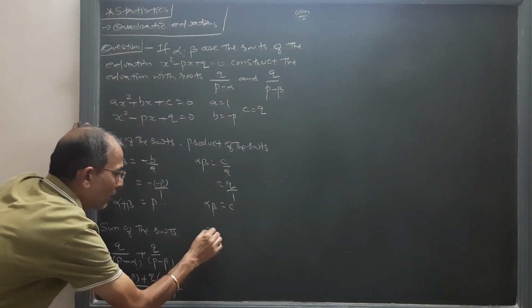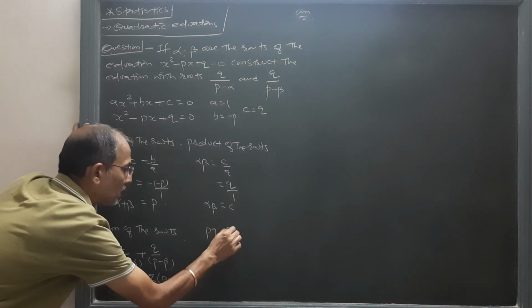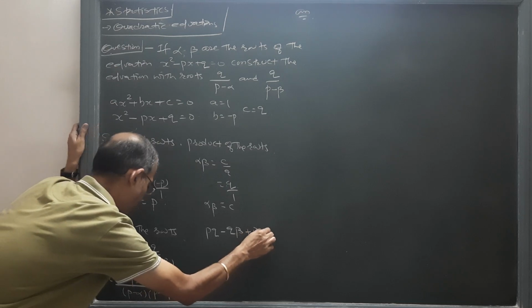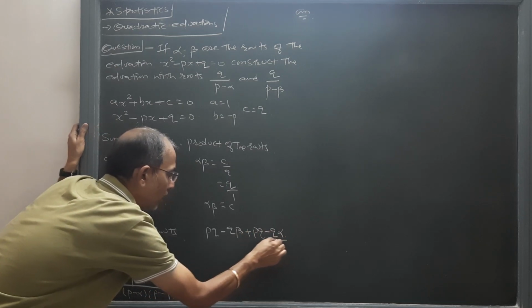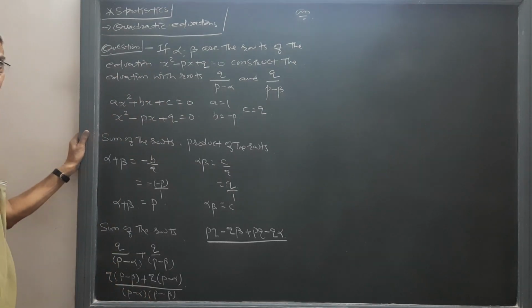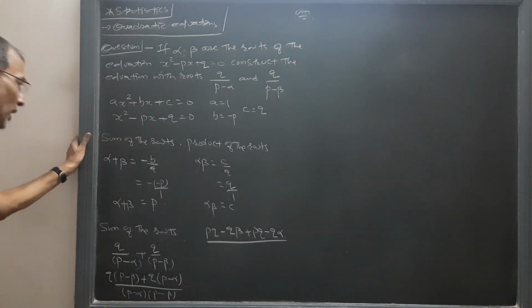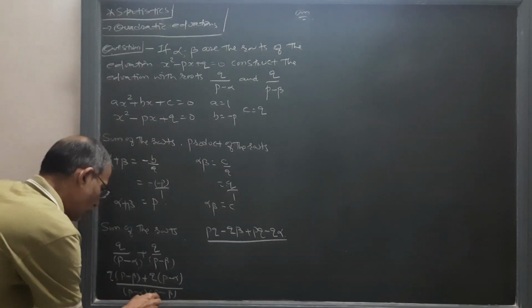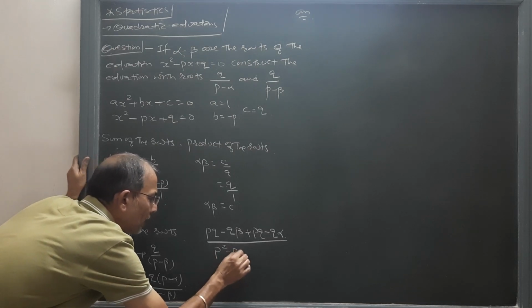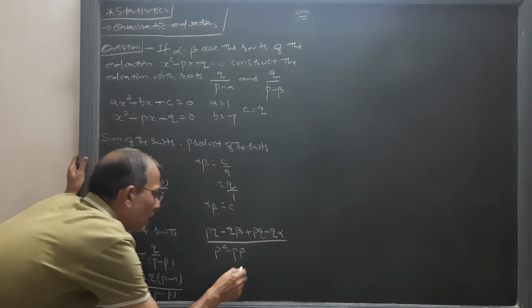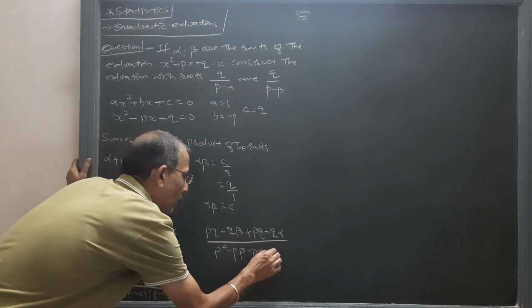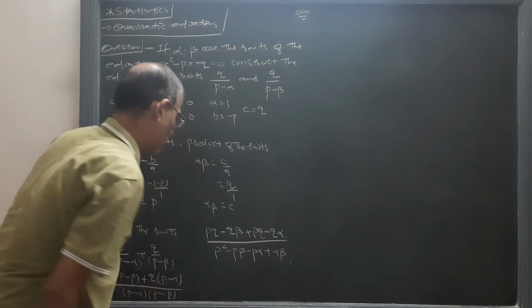So multiplying this will be pq minus q beta plus pq minus q alpha, and if I multiply both these brackets at the denominator, then this will be p square minus p beta minus p alpha plus alpha beta.